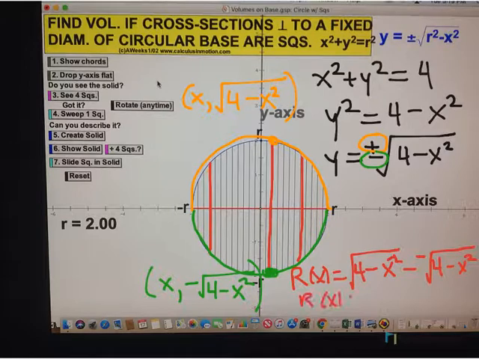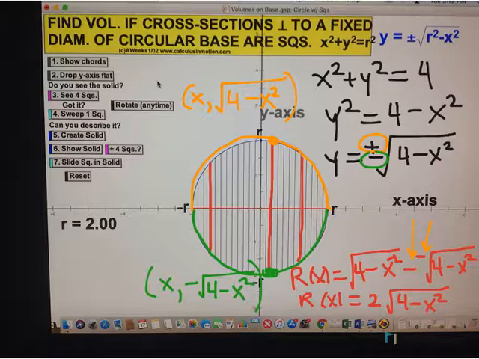And when you simplify this, what do you get? You're going to get 2 times the square root of 4 minus x squared, because when you subtract negative square root of 4 minus x squared, that's the same as adding, and you add the 2 like radical expressions.